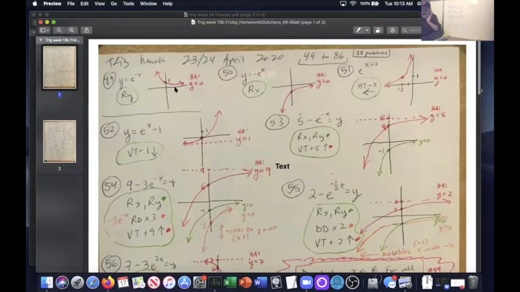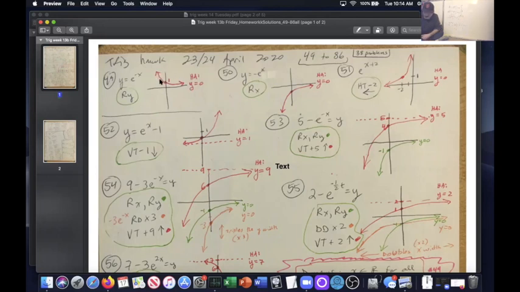Well, the first one, you don't really need to use transformations for this one, because if you know this is the graph that's going to get smaller as you go to the right. But if you want to, you could just think of this, well, we're changing the signs of the x, so flipping over the y-axis. And again, the horizontal asymptote is never going to change unless you go up and down, right?